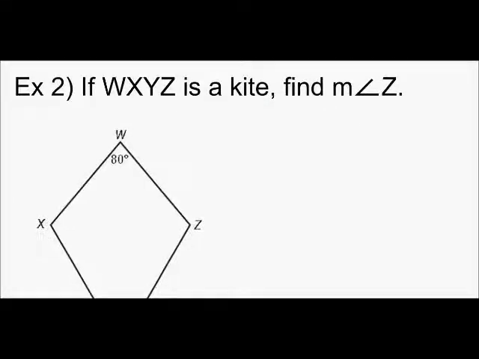Okay, example 2. If WXYZ is a kite, find the measure of angle Z. So I can see here that W and Y are different measures. And since exactly one pair of opposite angles are congruent, X and Z are congruent to each other. I also know that there are 360 degrees in a quadrilateral.